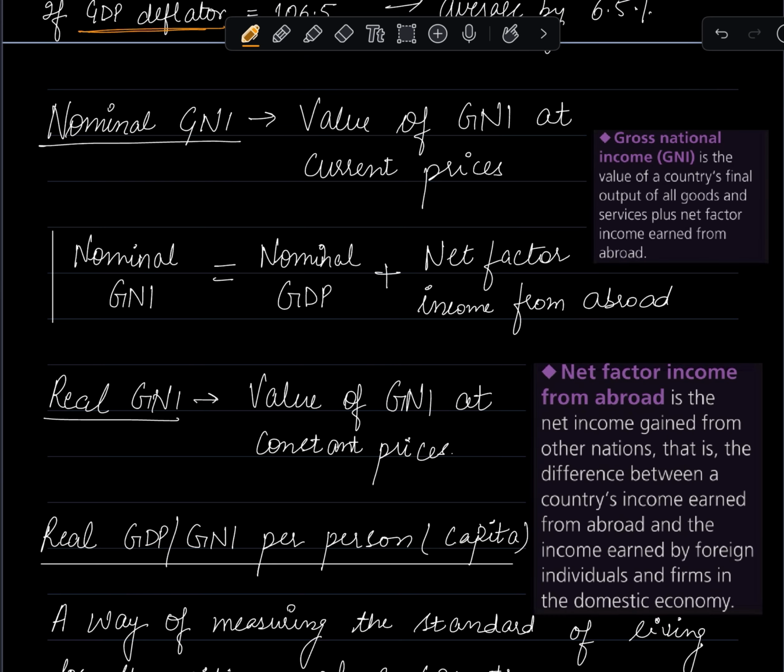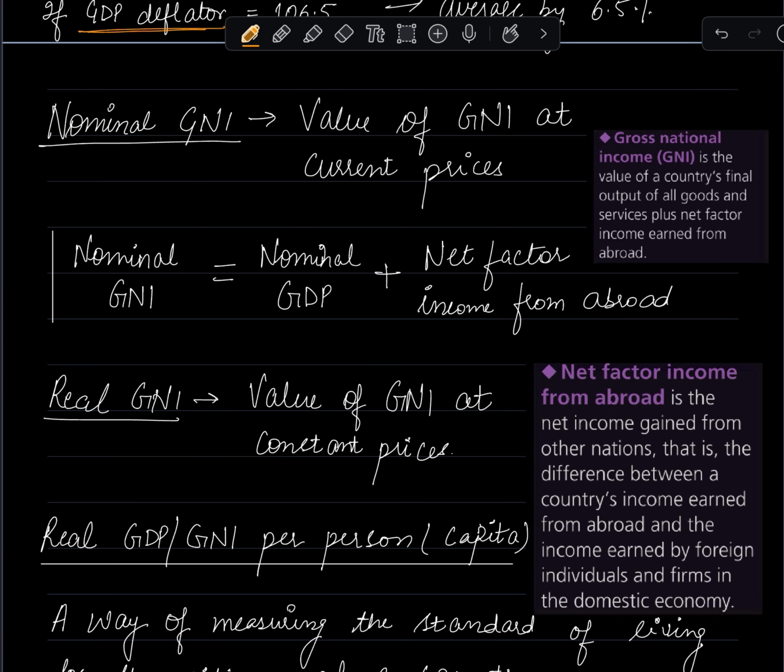Now we have nominal and real GNI. You know, GDP is the value of goods and services that are produced in the domestic territory of a country. But when we talk about GNI, GNI is basically the output produced by the nationals of a country, irrespective of their geographical location.